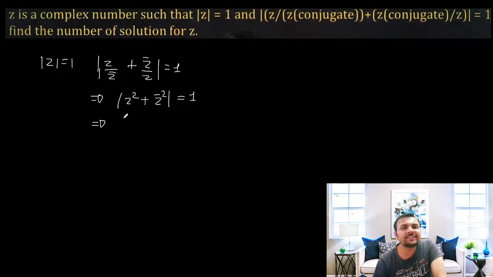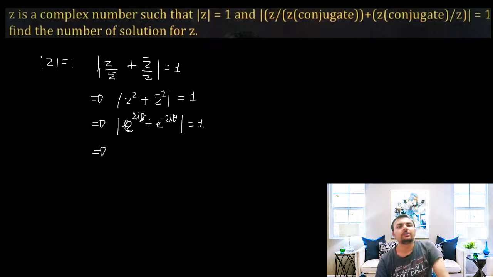We can say this is r e to the power iota theta, which gives r square e to the power 2 iota theta plus e to the power minus 2 iota theta is equal to 1. So we are getting cos 2 theta plus iota sin 2 theta, so it is 2 cos 2 theta equal to 1.